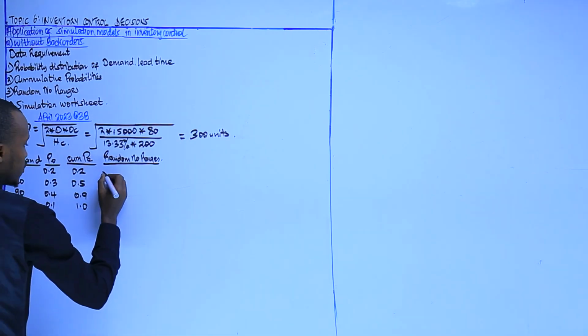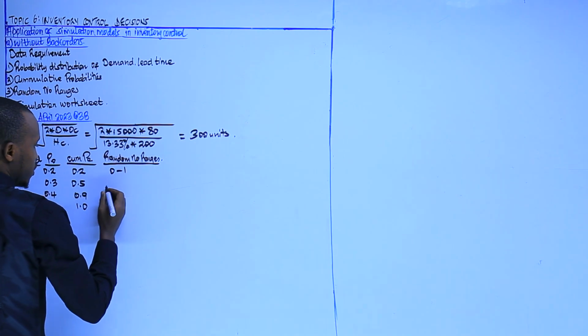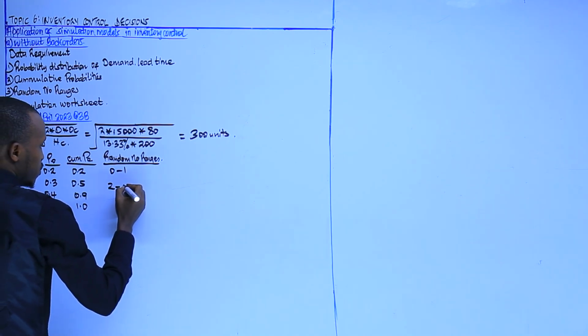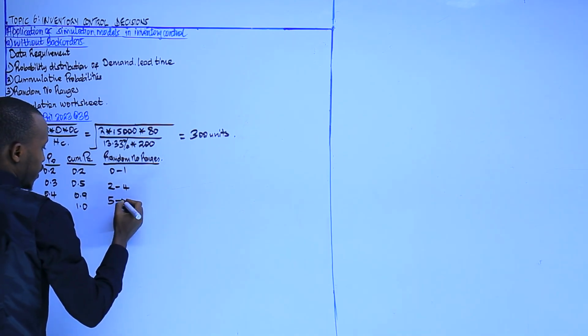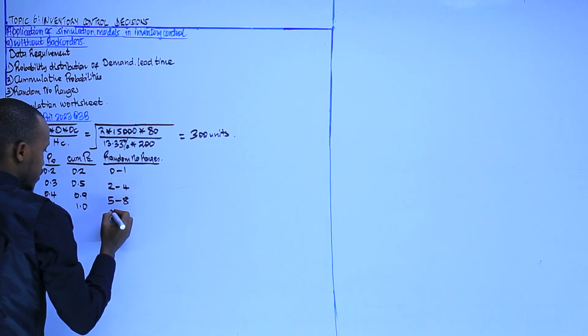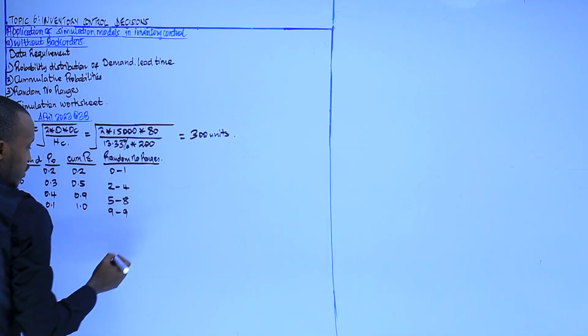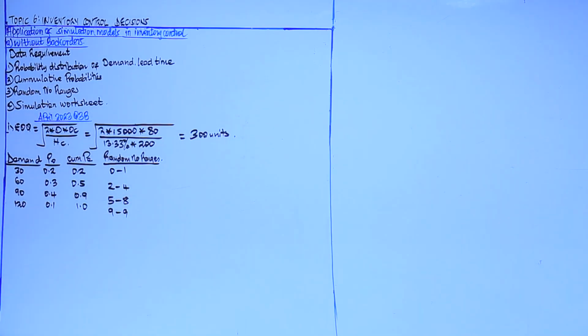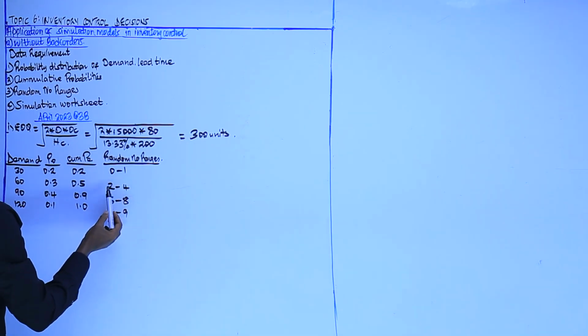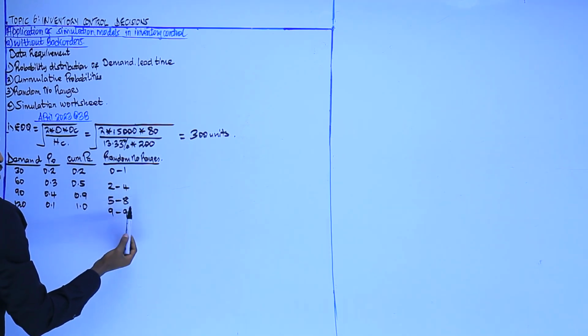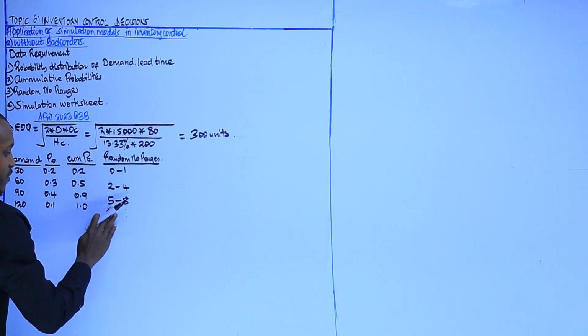Now this should be 0 to 1, 2 to 4, 5 to 8, 9 to 9. Remember, we said it should be inclusive. Notice here I've written 1, not 2, and here 2 to 4, not 5, 5 to 8, and 9 to 9, or just 9. You can even just have it there as 9.